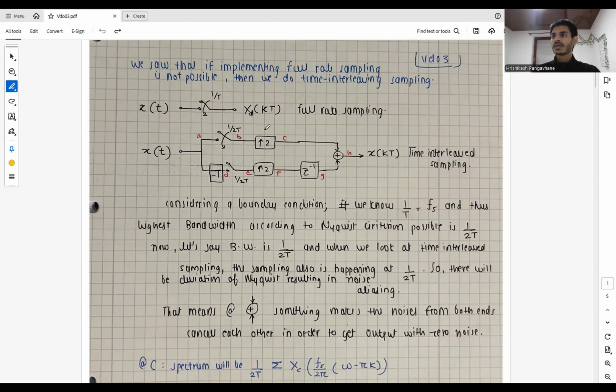So we talked about full rate sampling, and we also talked about time interleaved sampling, and we analyzed the spectra at different points.